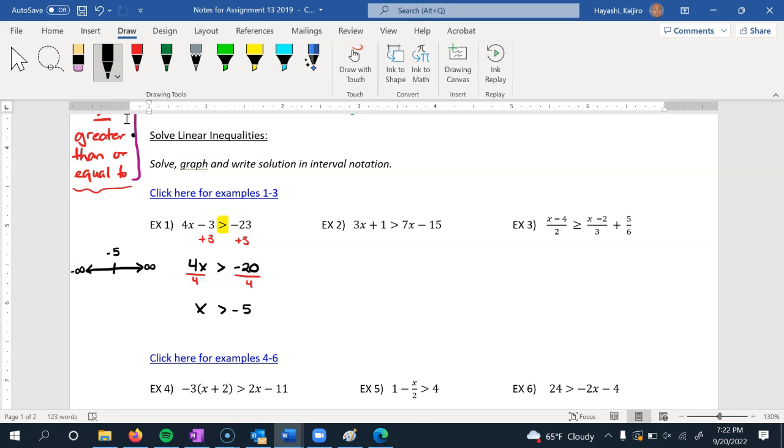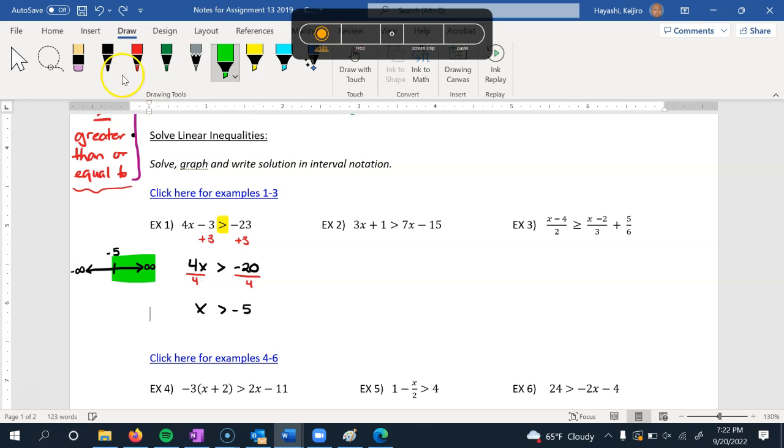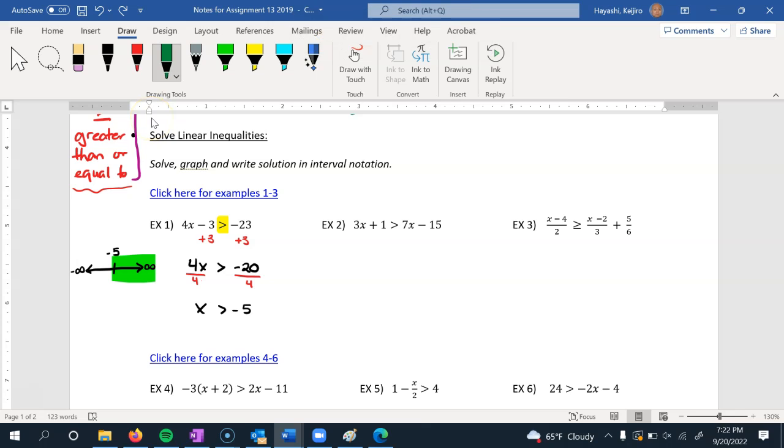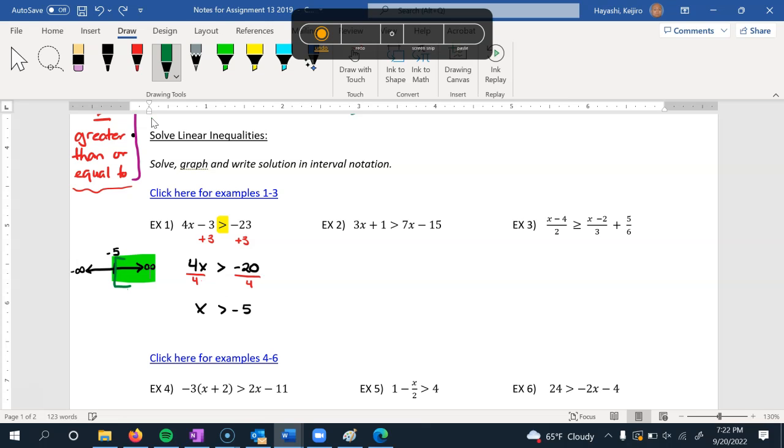I'm going to put negative 5 on my number line, and x is greater than negative 5. So what side of negative 5 should I be shading? The right, the side that's greater than negative 5. Since x is on the left, thankfully, we can also look at the way this inequality symbol is pointing to the right to know that as well. Now, this interval that starts at negative 5 and goes up to infinity, is it going to end with a parenthesis or a bracket?